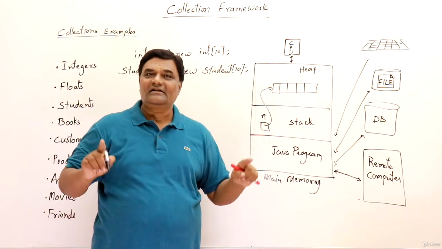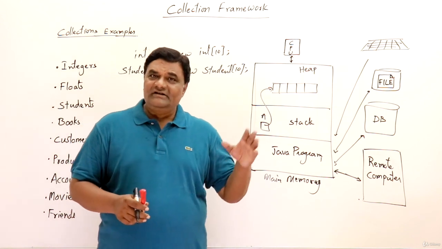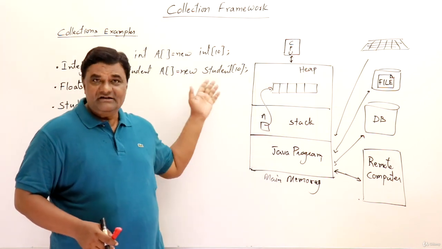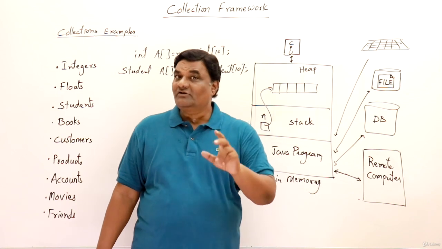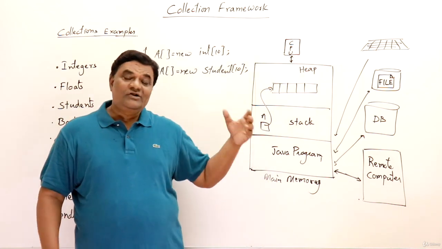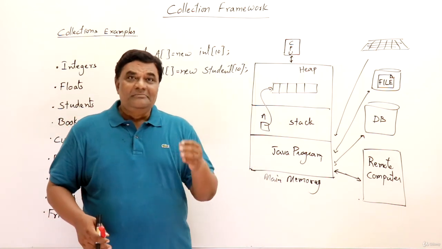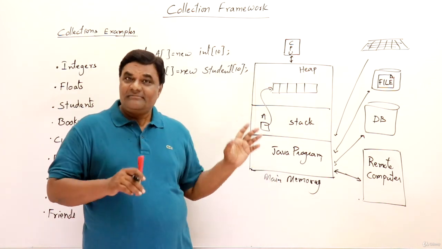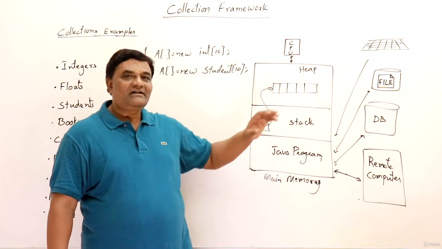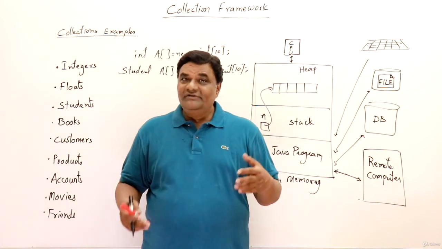So we can take an array. It means already we have a data structure in the form of an array. Is it not sufficient? No, it is not always sufficient. It is not always useful because of the type of operations that we perform and the type of requirements that we have, just an array is not sufficient. So we need something beyond this.